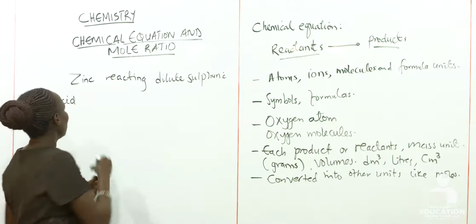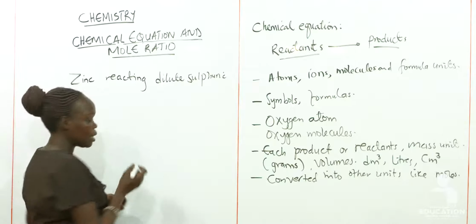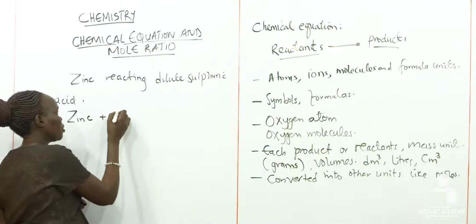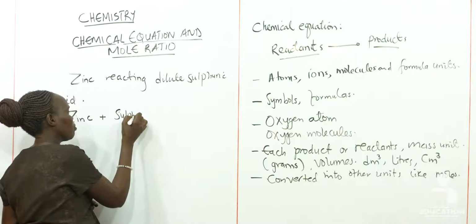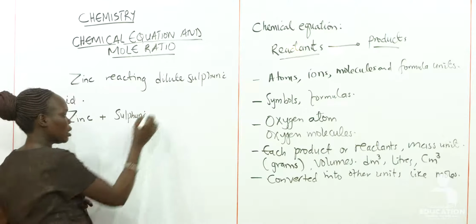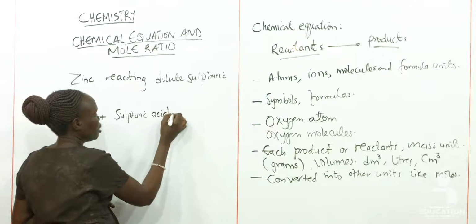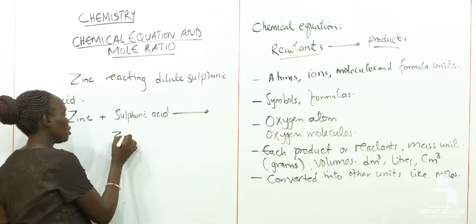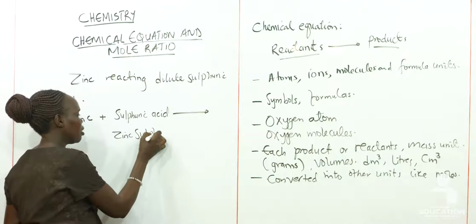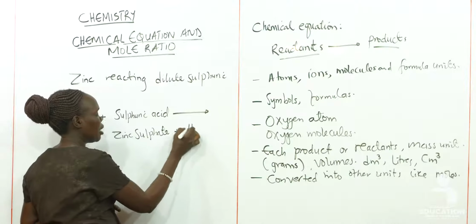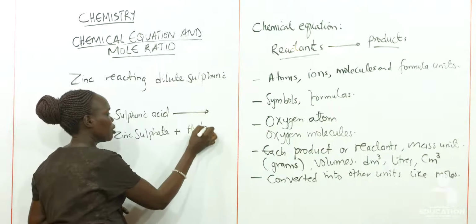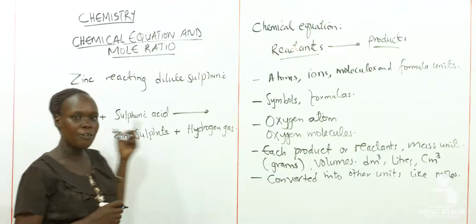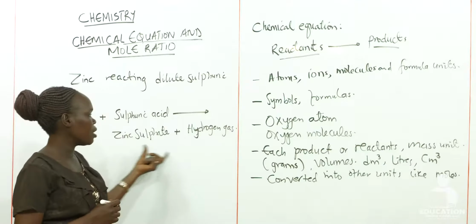So here we can say that the reaction is represented in words as zinc plus sulfuric acid, which will give us the products, zinc sulfate plus hydrogen gas.